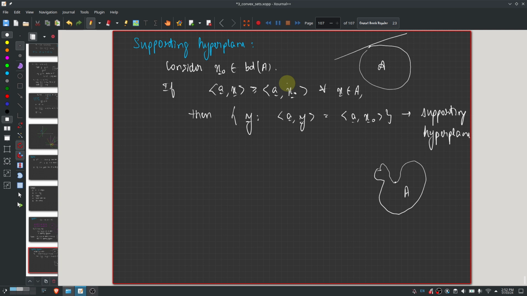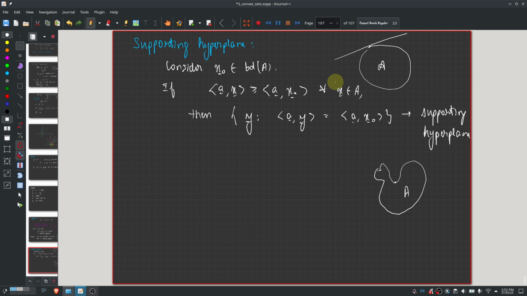So in R3, suppose I have a non-convex set that lies within a plane. Okay, so this in fact lies inside a hyperplane. Correct? And this condition is trivially satisfied because it lies in the hyperplane. So you'll have a transpose x equal to a transpose x naught for every x naught in the set. So in this case, this condition is automatically satisfied.